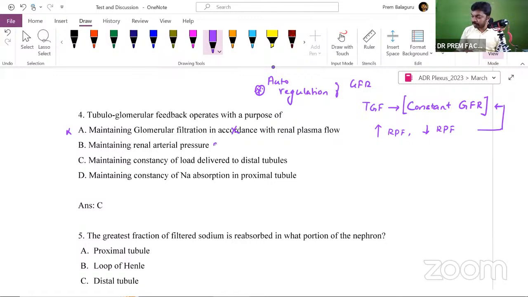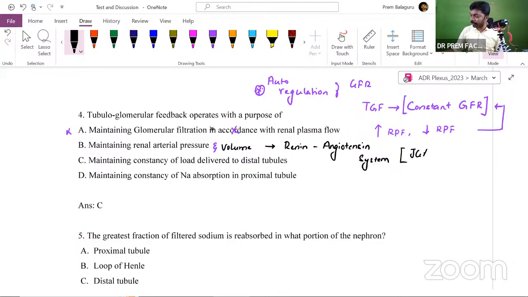Renal arterial pressure as well as renal arterial volume, both are getting maintained by the renin-angiotensin system. Even if you consider this in anatomical terminology, you can think of juxtaglomerular apparatus, but not tubuloglomerular feedback, right? So maintaining of renal arterial pressure and volume involves juxtaglomerular apparatus, not tubuloglomerular feedback. Again, option B is wrong.